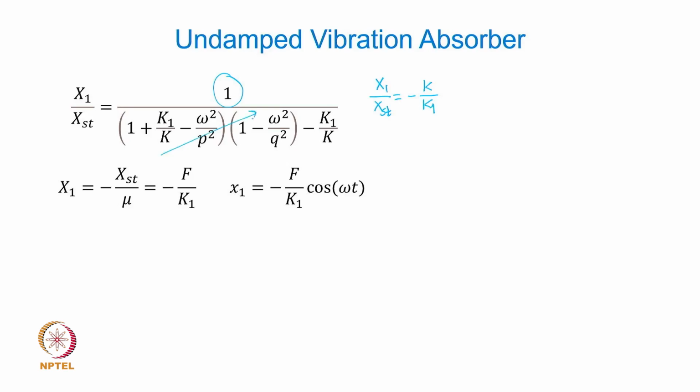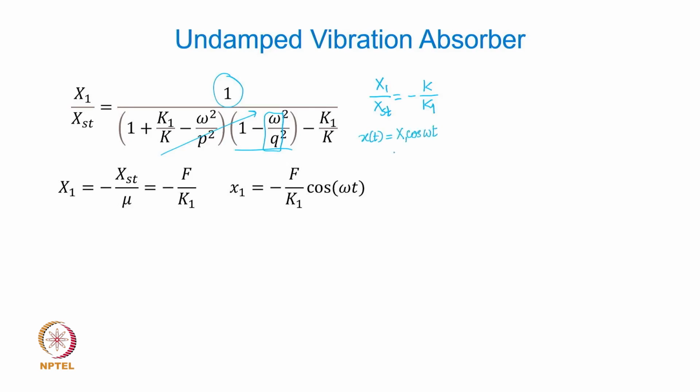Because this part will be equal to 0, because when you set omega equal to q equal to p, this term becomes 0, and then you are left with this expression, isn't it? And what is the response of the absorber? We have assumed it to be capital X1 cos omega t.